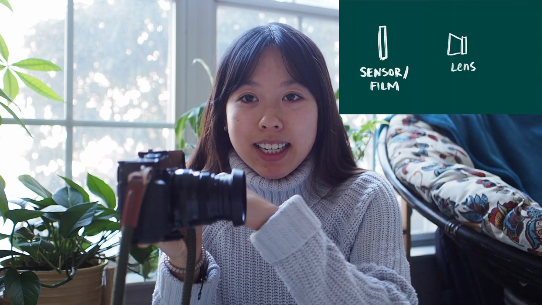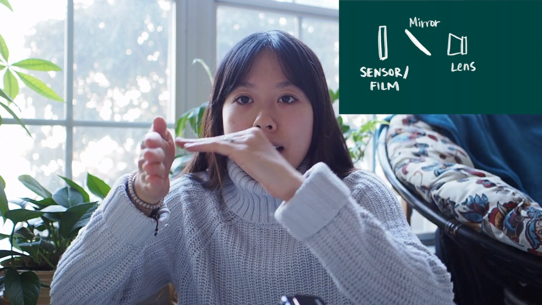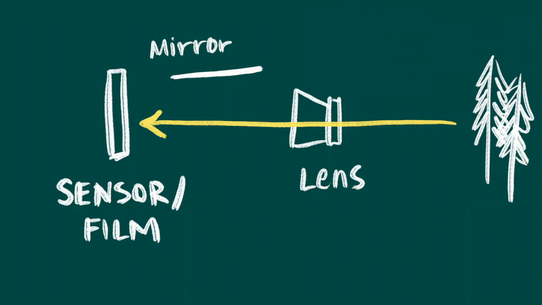You're also going to have a lens that is going to let the light in, but in the case of an SLR camera, you also have a mirror protecting whatever sensor or film stock from actually having the light go through. When you click the shutter button, there is a series of mechanisms that will basically allow whatever mirror or shutter to pop up that will let the light come through and be saved onto the sensor or the film stock.